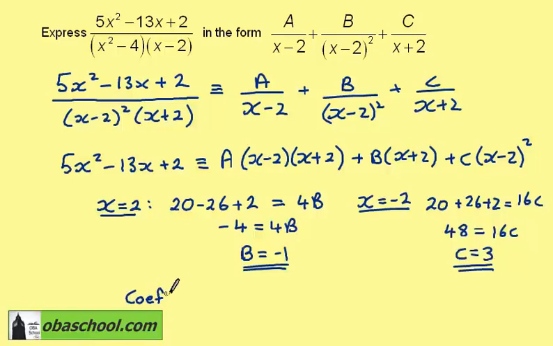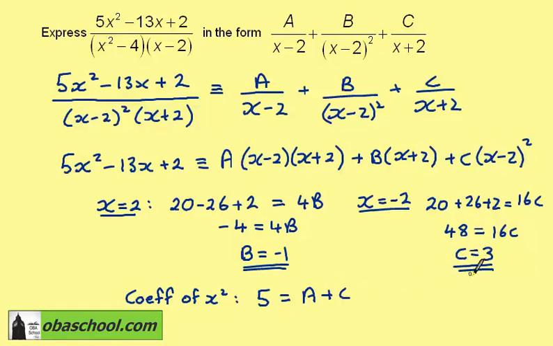In this case, I'm going to look at the coefficient of x squared. On the left, the coefficient is 5, and on the right, we'll get an x squared from here, multiplied by a, so the coefficient is a. We won't get 1 from this term, but from this term, we'll get an x squared multiplied by c.